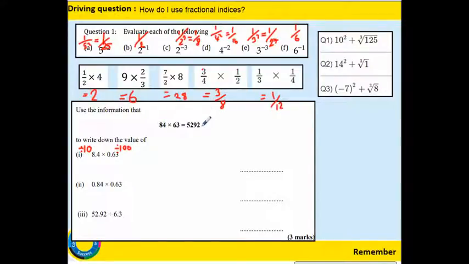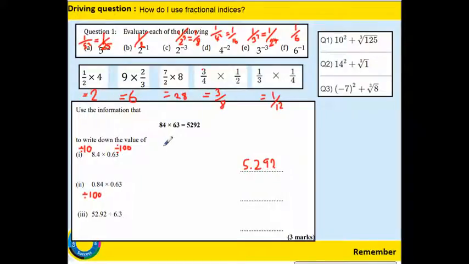So this number here has to be divided by 10 and by 100, or in other words, divided by 1000, which would give me 5.292.